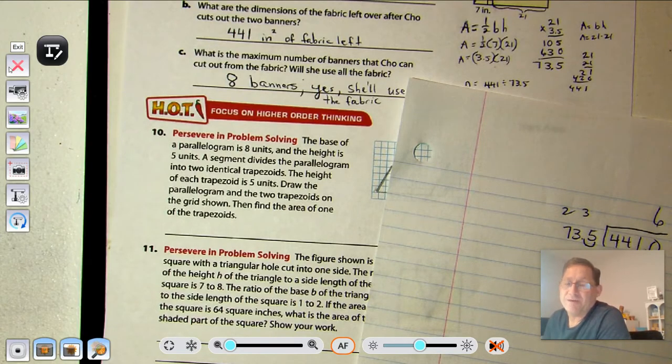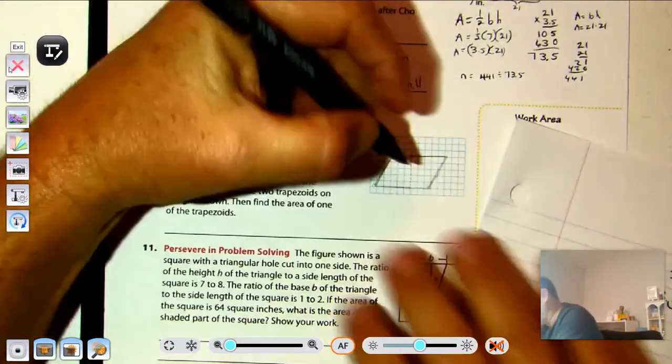Well, we should be able to kind of just use some logic in this case, even without drawing it. If the area of the parallelogram is 40 square units, and you're going to break that parallelogram into 2 identical trapezoids, then the area of each trapezoid has to be 20 square units. Okay, so let's go ahead and draw it.